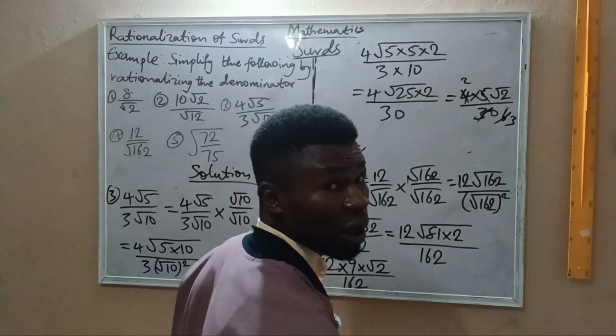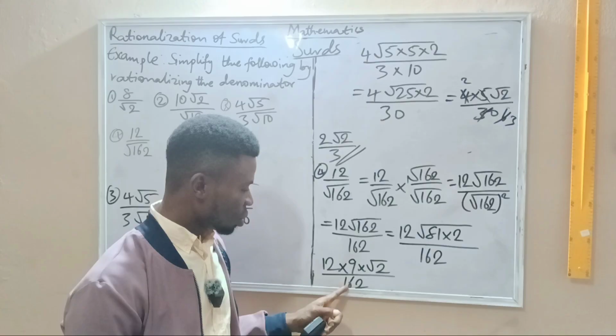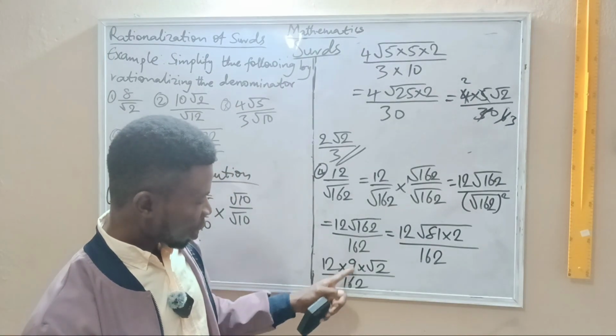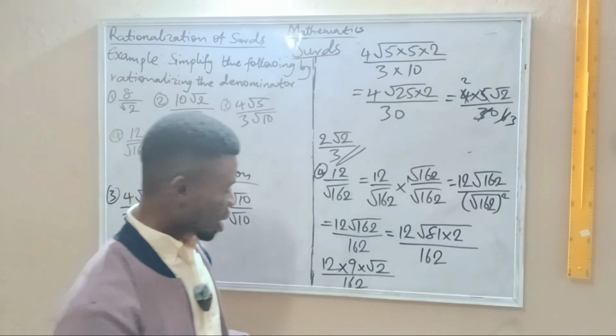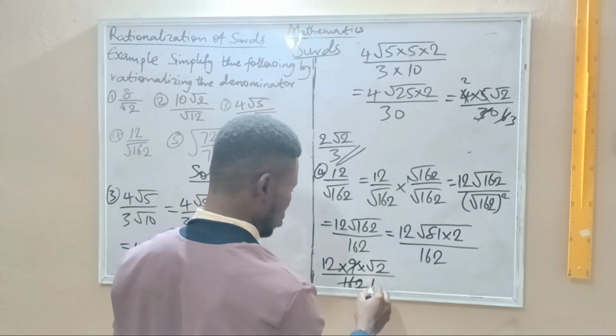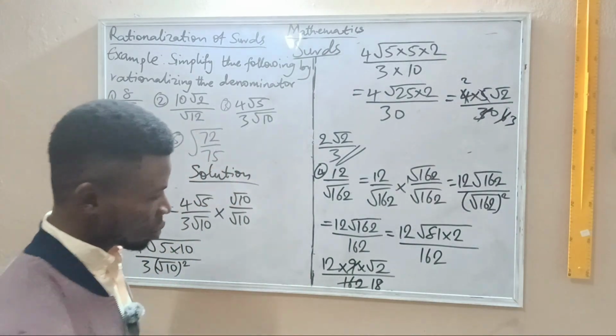And then what can divide? Let's try 9 in 16 is 1, remainder 7, and then 9 in 72 is 8. So we have 9 cancel 162, we have 1, 8, right?